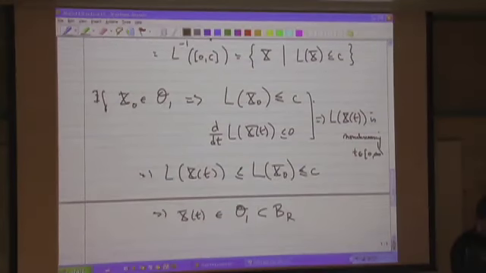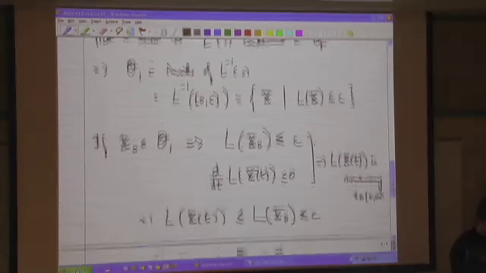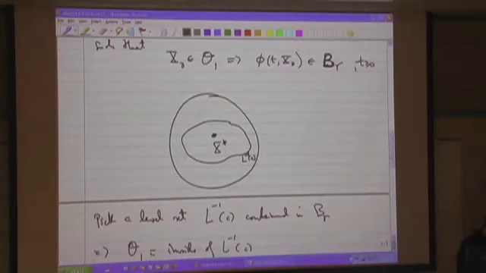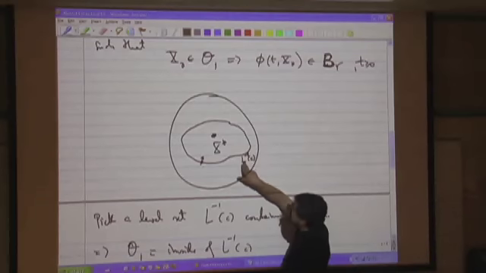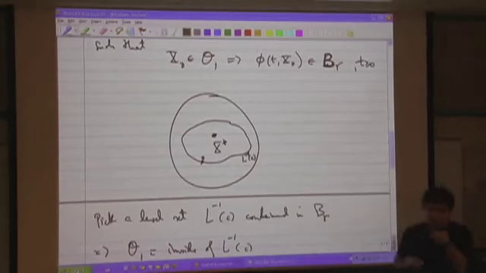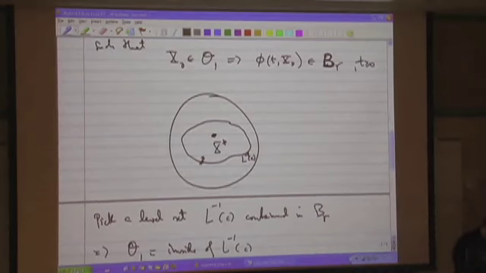It's just a fancy way of saying that if you start on a level curve of this Lyapunov function, then you're going inward, you're never escaping.